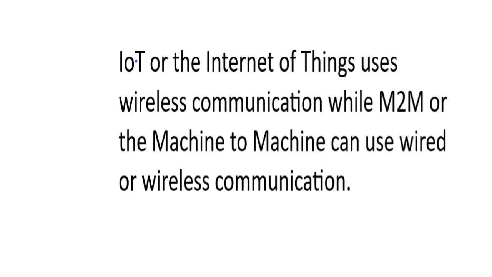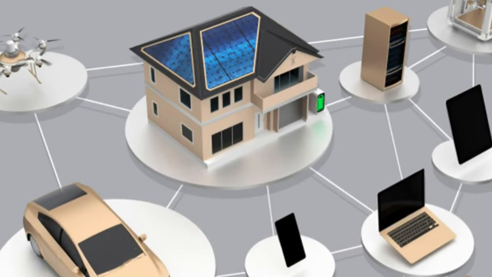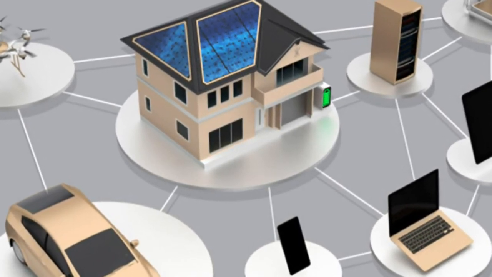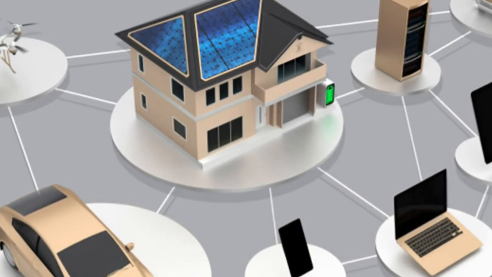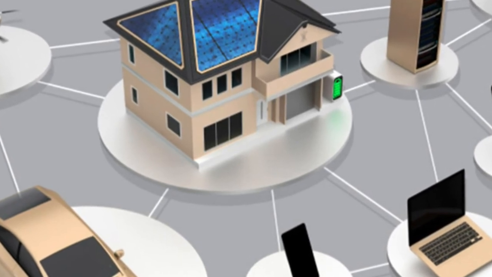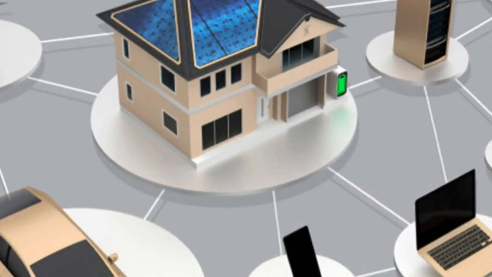So let's look at the head-to-head comparison between IoT and M2M. IoT, or the Internet of Things, uses wireless communications, while M2M uses machine-to-machine or connected communications. All right, remember that. Very important point. IoT connects smart devices to the internet to collect data, analyze it, and make smart decisions, while M2M enables the device to communicate and perform the required action without human involvement.